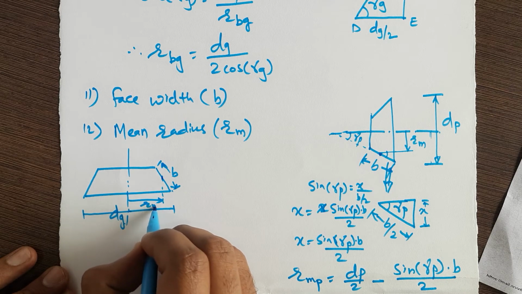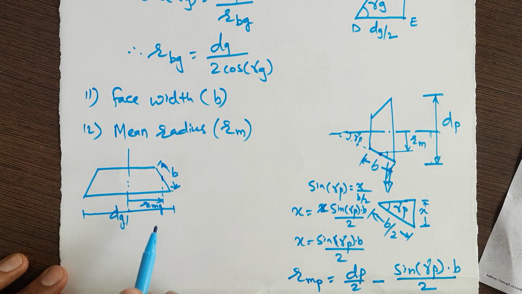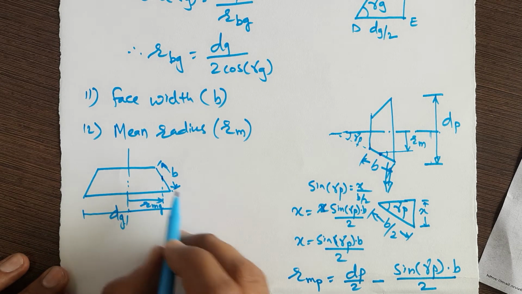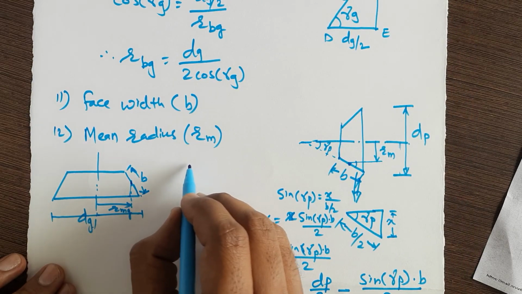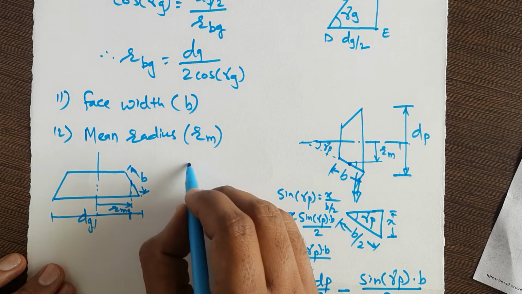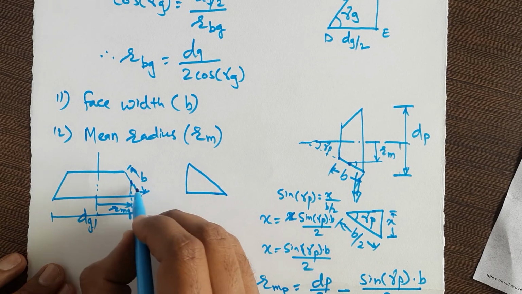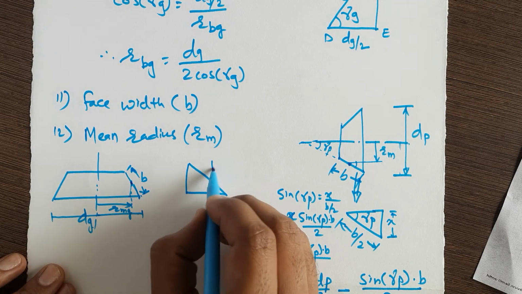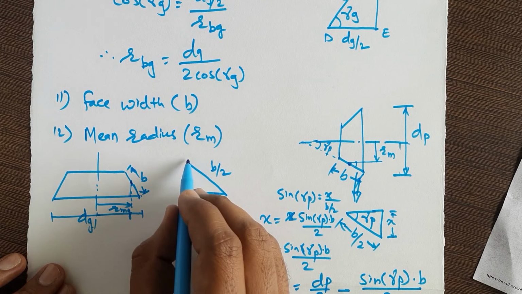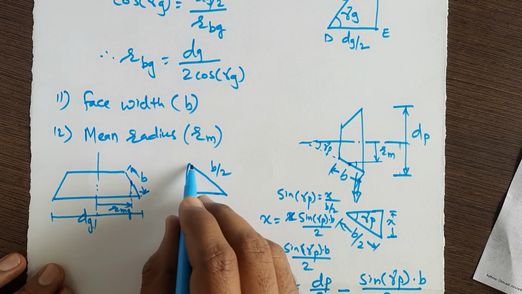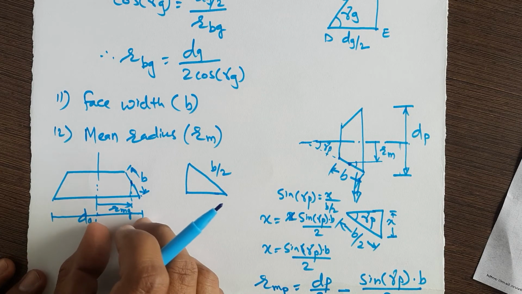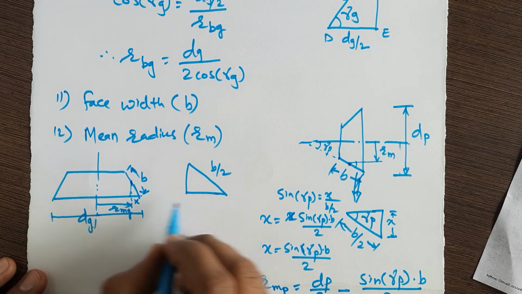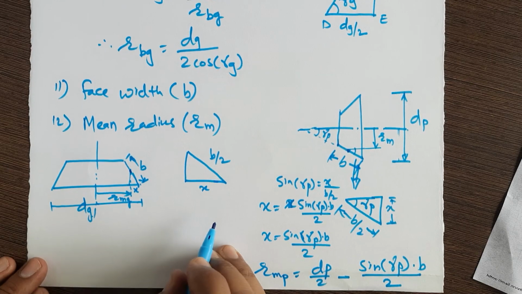So this rmg we want to find. Again you have to consider this triangle, so I am drawing this triangle here. This distance is nothing but b by 2. The vertical distance we don't need, we need this distance, dg by 2 minus this x distance. Let us call this x.